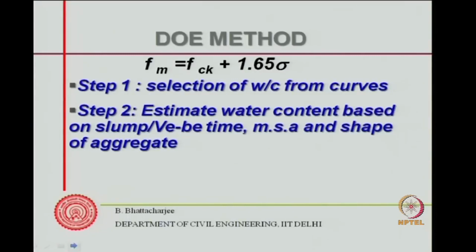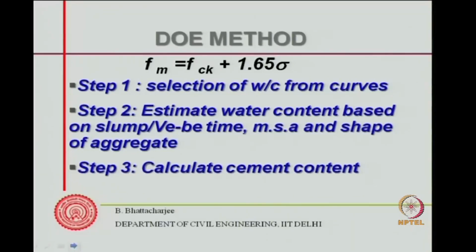Step 2 is then estimate water content based on slump, VB time, etc., MSA and shape of aggregate from a table. This is a slightly different table, and step 3 is calculate cement content, which you can do because you know the water cement ratio and you know the water content.